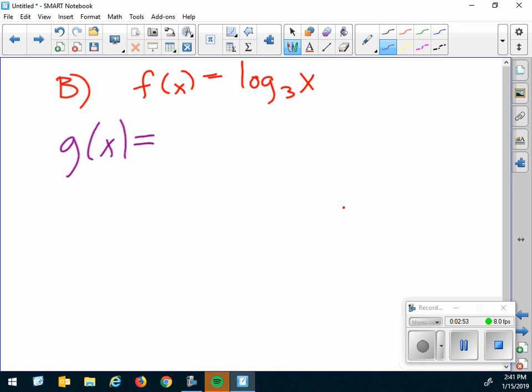Where do we do horizontal stuff? Good. Now, I don't have any parentheses, so I have to create some. So in with the x, right? Now, horizontals, do they tell the truth or do they lie? They lie. How do I do horizontally shrunk by a factor of 1/2? 2x. Good. So I'm going to write log base 3 of 2x.